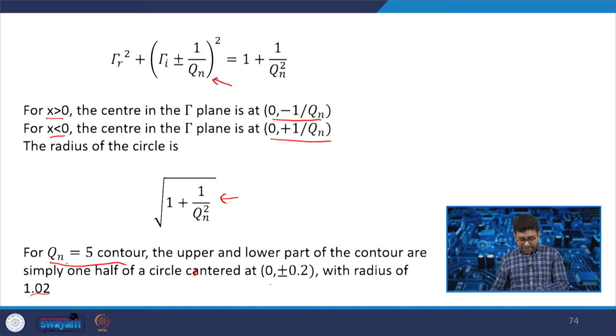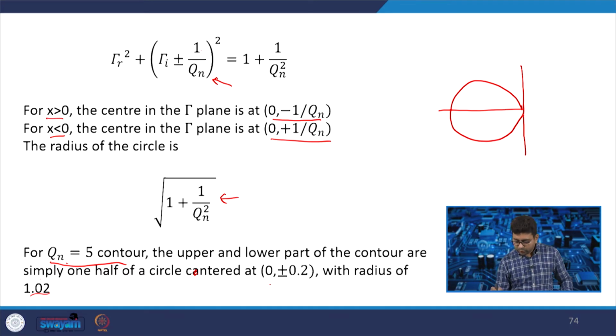So, 0 is the real part, and on the imaginary plane, let us say this is the gamma plane. Let us draw the circle. This is imaginary and this is real, and there is a 0 and plus or minus 0.2.